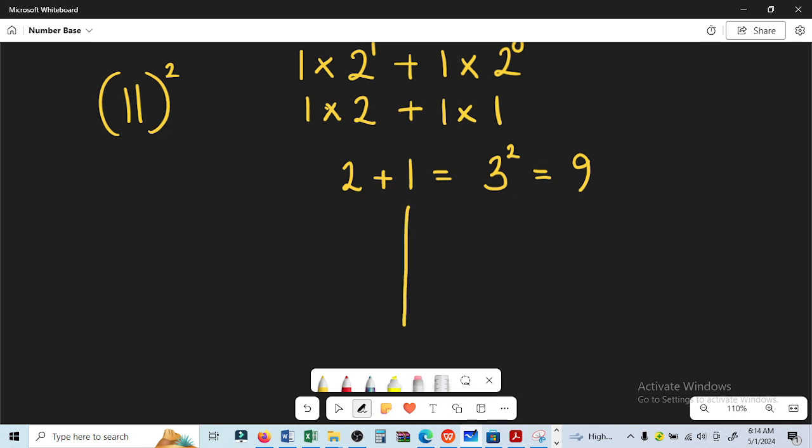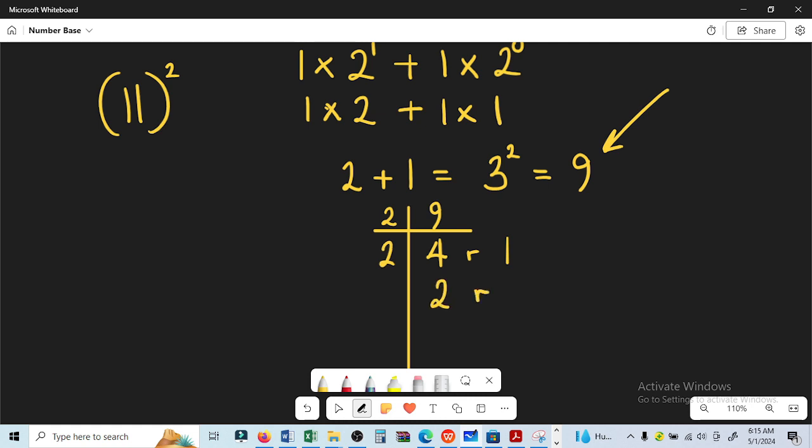And remember, when we're changing from a base 10 number to any base, we divide it by that base. Like we did earlier, we changed to base 5, so we divided by 5. We also changed to base 3, we divided by 3. Now we're changing to base 2, meaning we're going to divide by 2. 2 in 9 is going to give us 4, remainder 1. Now 2 in 4 is going to give us 2, perfect division, remainder 0.